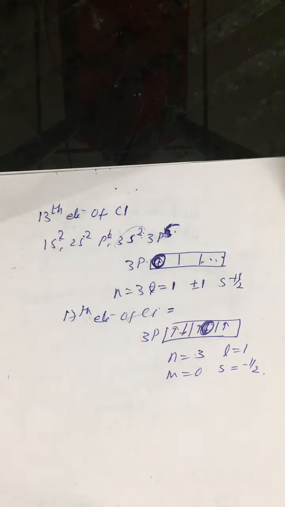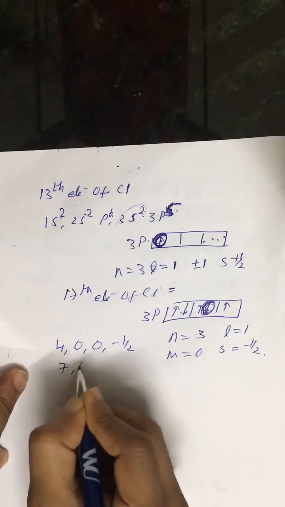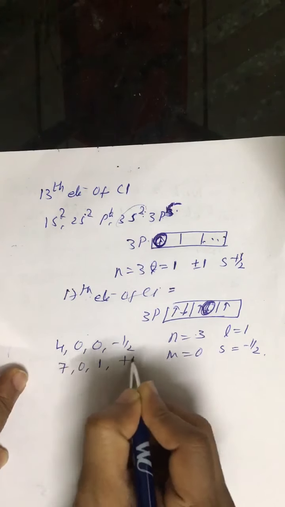Alright. And the last type of questions in quantum numbers is whether a certain set of quantum numbers is possible or impossible. For possible and impossible sets, we are given 4 0 0 minus half, or 7 0 1 plus half, or 3 3 2 plus half, like that.